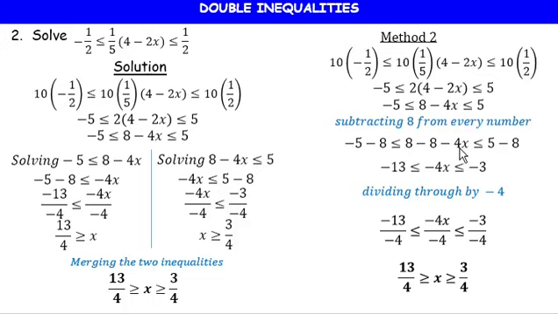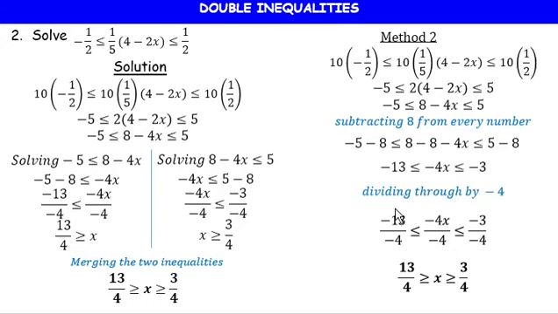So that it will be left with only the x with its coefficient, right? So finally here you are going to have 5 minus 8. So negative 5 minus 8 gives us negative 13. Now this 8 cancels this negative 8, right, leaving us with negative 4x less than or equal to negative 3.